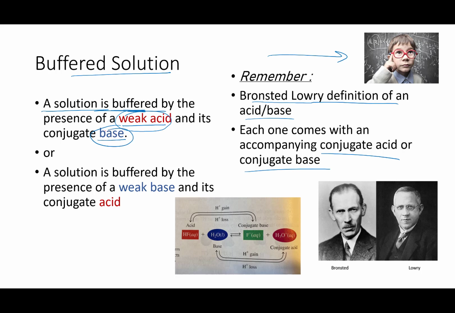Both of those are important in making that buffered solution. Or you can have the complete opposite. It is possible to have a buffered solution made of a weak base and its conjugate acid. So you've got an acid that breaks up into a conjugate base and a base that breaks up into a conjugate acid.